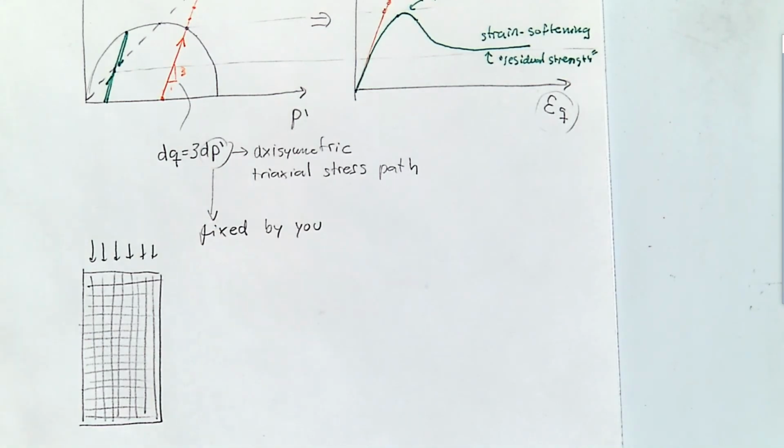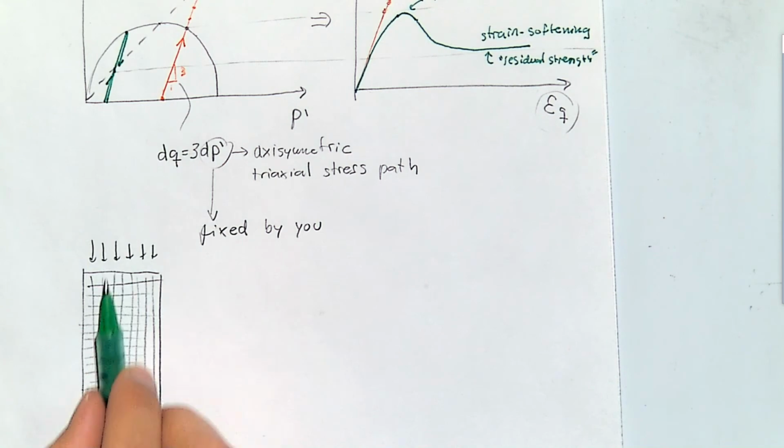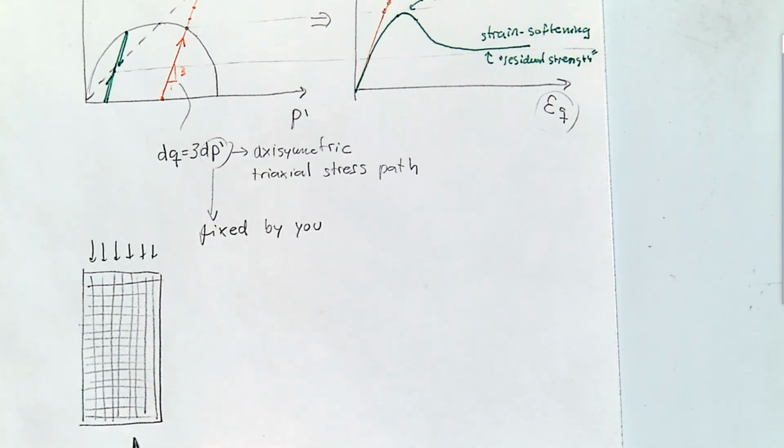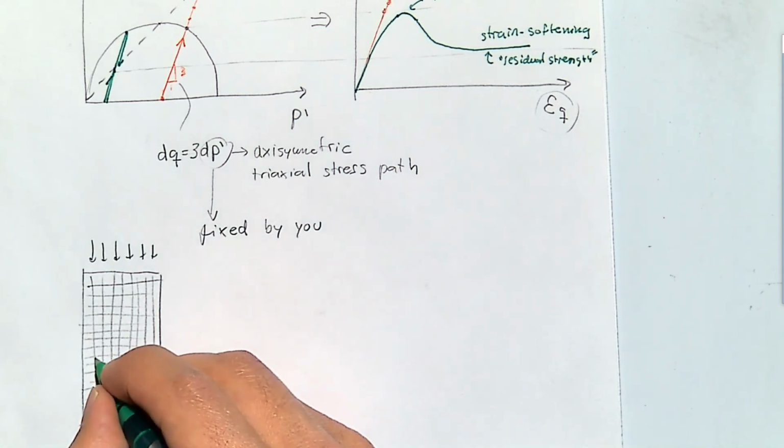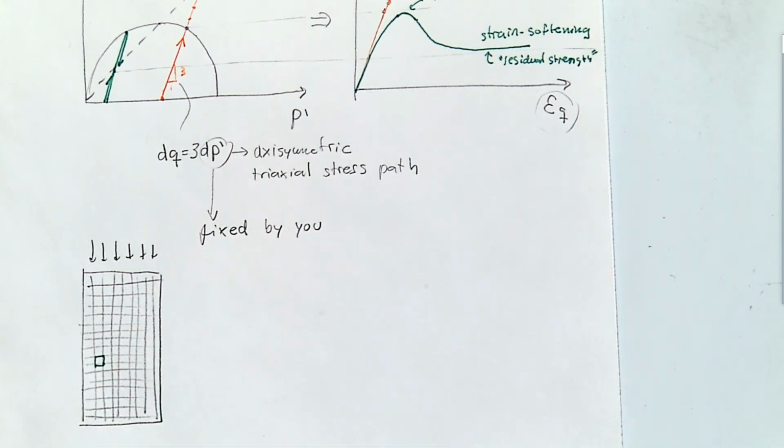at some point, somewhere inside the rock, you will have these stresses, deviatoric stress, mean stress, but there's going to be some point which is going to be the weakest within this sample that it will fail. And let's say it's that one. Okay.